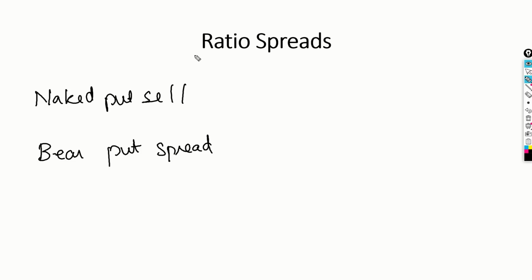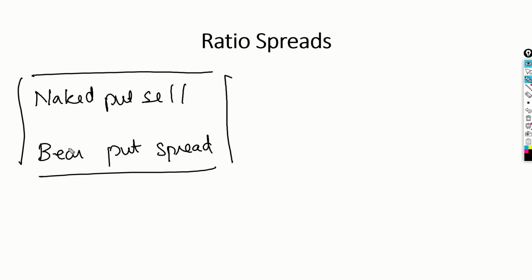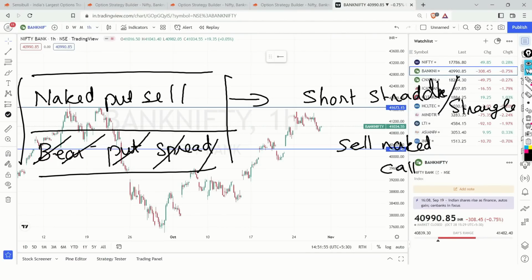So this is a bullish ratio, that's why we have a naked put sell and a bear put spread. In this particular breakdown of the position, we really don't have to bother about the bear put spread if the market ends up falling. We can just end up managing the naked put sell by shorting a naked call. I hope this is clear.